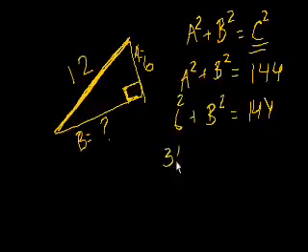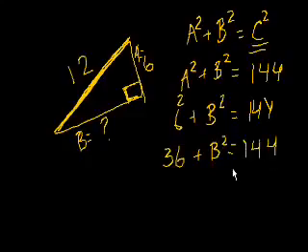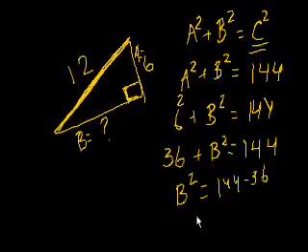So we get 36 plus b squared is equal to 144. b squared is equal to 144 minus 36. b squared is equal to 112.